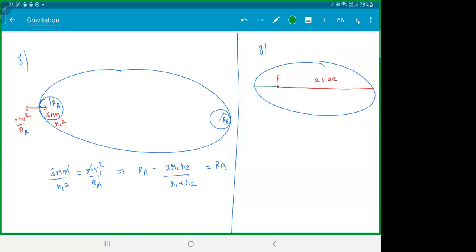And this distance will be how much? a minus ae. So a minus ae is r1, and a plus ae is r2. Divide them, so (1 minus e) by (1 plus e) is r1 by r2. From there you can get the value of eccentricity. Clear?